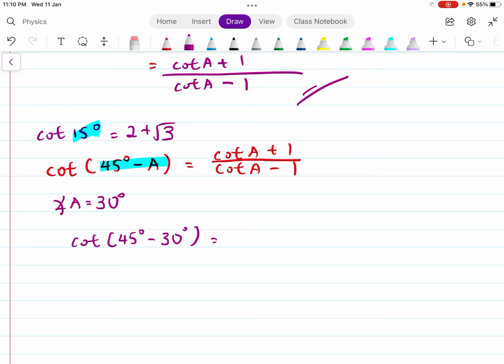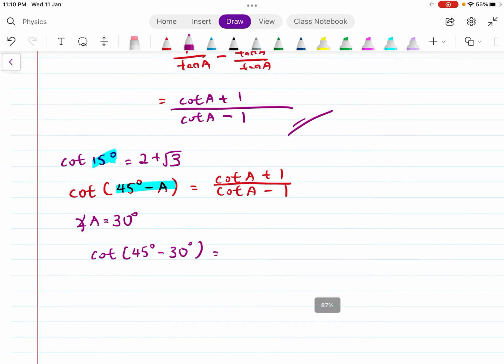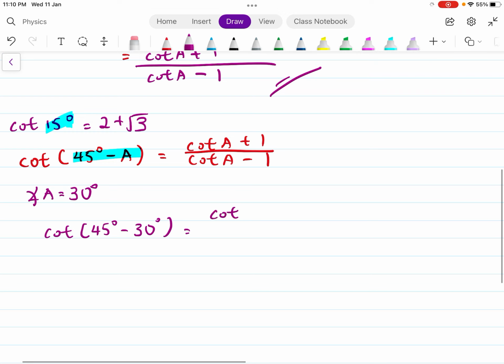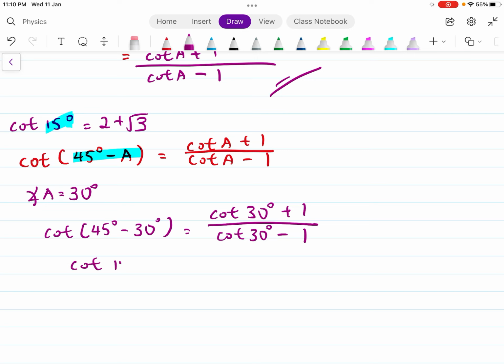Since I know my angle is 30, I just substitute in. The right-hand side becomes cotangent 30 degrees plus 1 over cotangent 30 degrees minus 1. The left-hand side is cotangent 15 degrees.